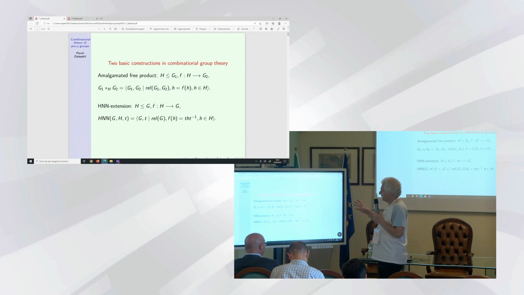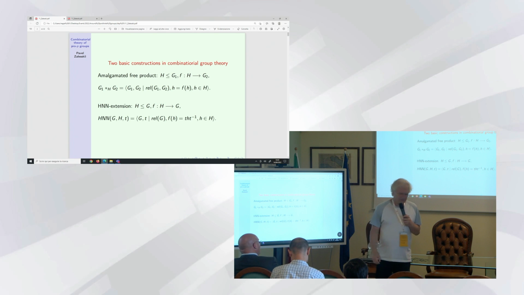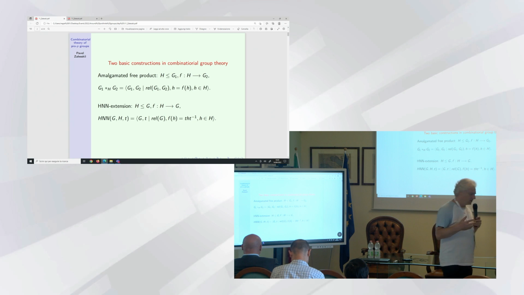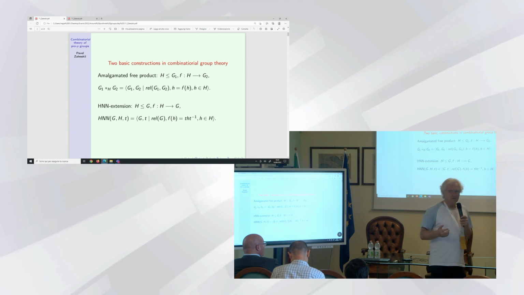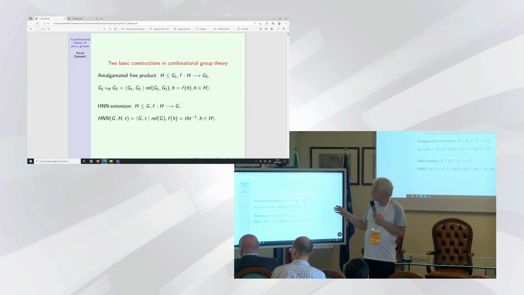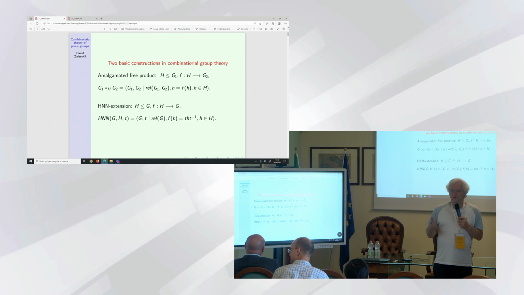When we think about how to describe subgroups of this, first it was done by playing with words, because every element can be described as a word. But then came Bass-Serre theory of groups acting on trees, and this is exactly what solved the problem: the subgroups of this construction are described by means of groups acting on trees.